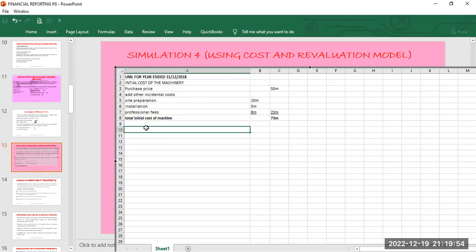Because if you don't have the cost, then there is nothing you can do. This cost was incurred on first January 2013. That's when they bought this asset.